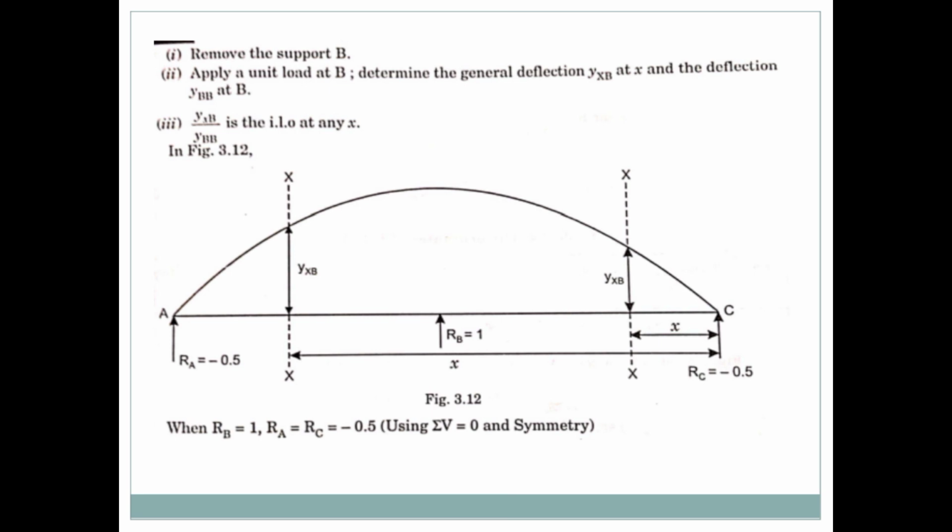So here the reaction RA is equal to minus 0.5 and RC is equal to minus 0.5. When RB is equal to 1, RA is equal to RC is equal to minus 0.5, using sum of vertical forces equal to 0 and symmetry. Due to that symmetry, the two ends RA and RC have the same value 0.5.